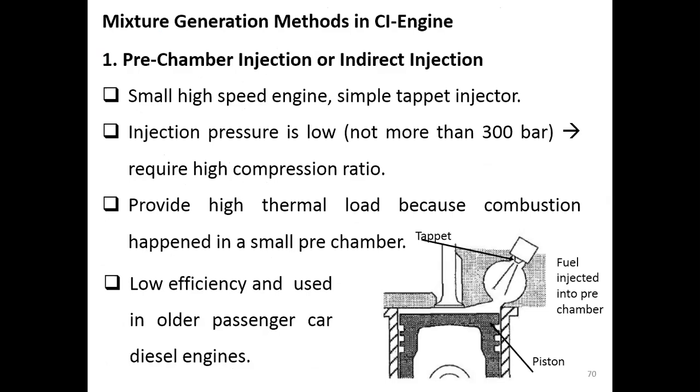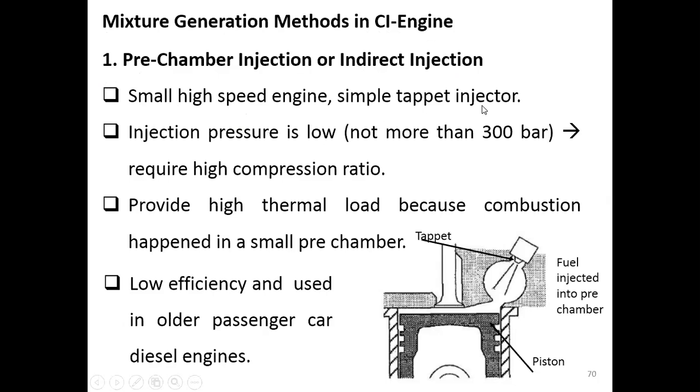Okay, if there are no questions, then we will go on to the mixture generation methods in CI engines. The first method is the old one. It's called the pre-chamber injection or the indirect injection. This injection method is normally used for small high-speed engines.